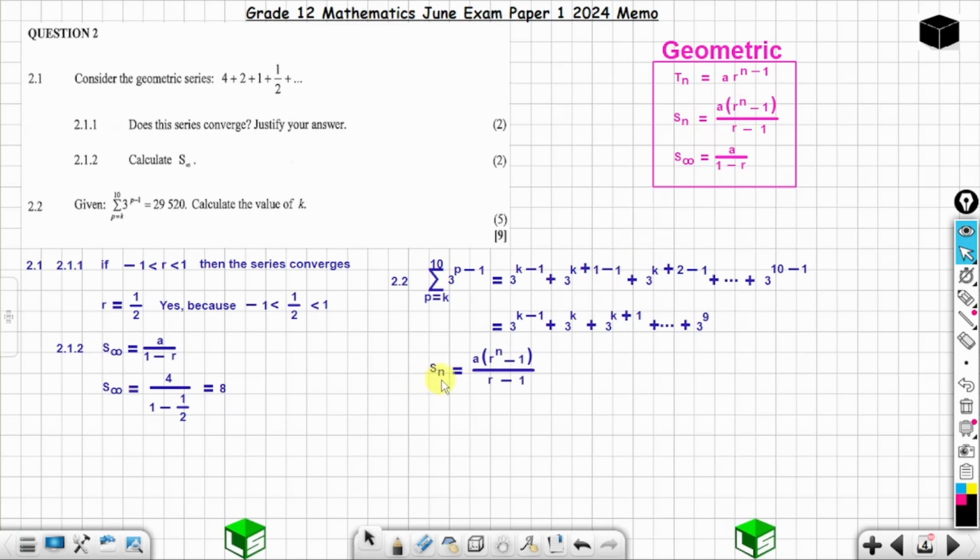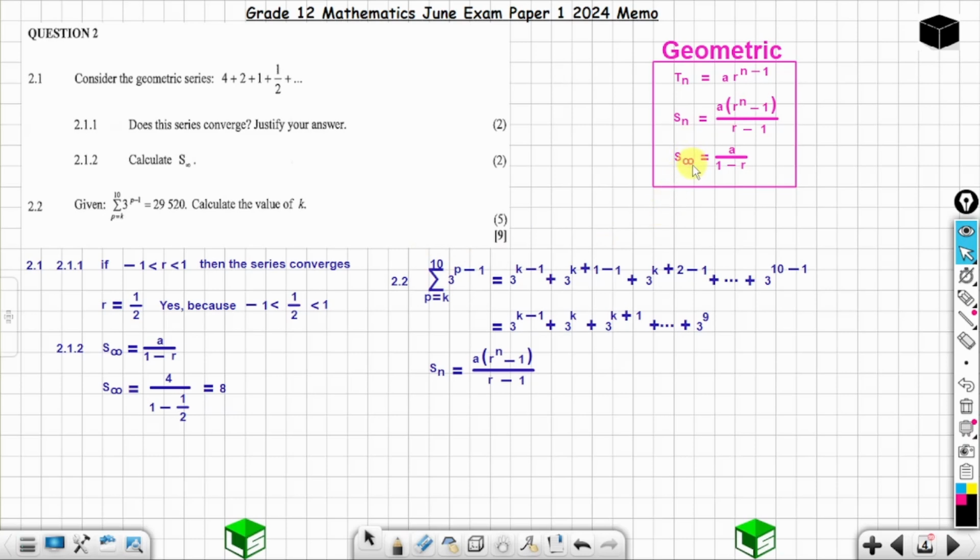We are going to use this formula, Sn, the sum to some number of terms. Do not use the other one. That is to find the sum to infinity. For the sum to infinity, you are going to have the infinity symbol above the sigma symbol.